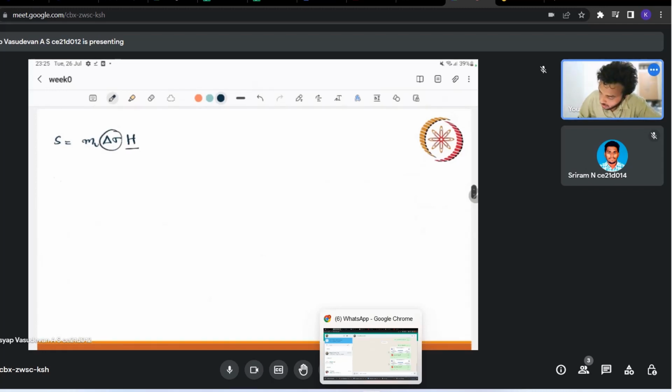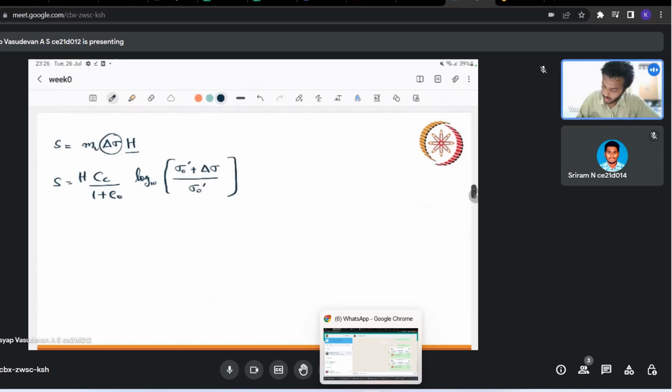But alternatively, we can also use Cc by 1 plus e naught times H times log of sigma naught plus delta sigma by sigma naught. Here e naught is the initial void ratio, and Cc is the coefficient of compressibility.